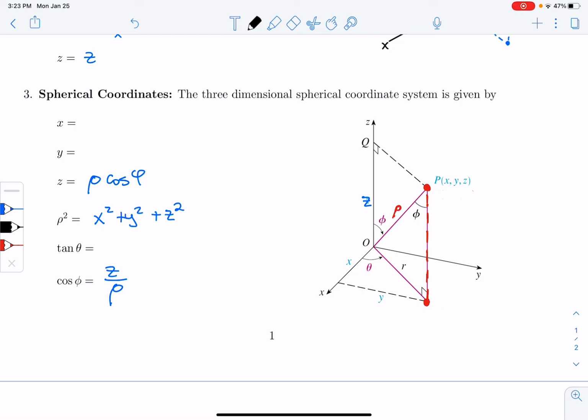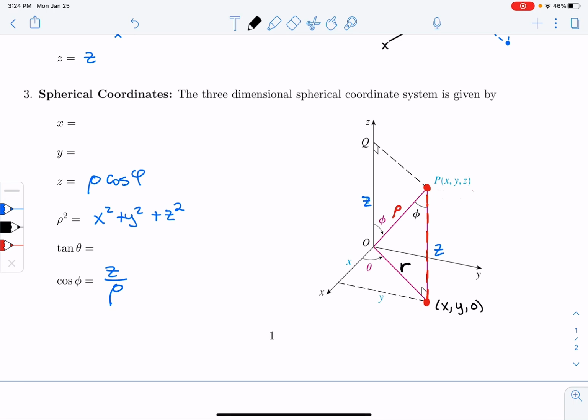We would look at the point x, y, 0. Now the distance between x, y, 0 and x, y, z is going to be, again, z. And that z is rho cosine phi.